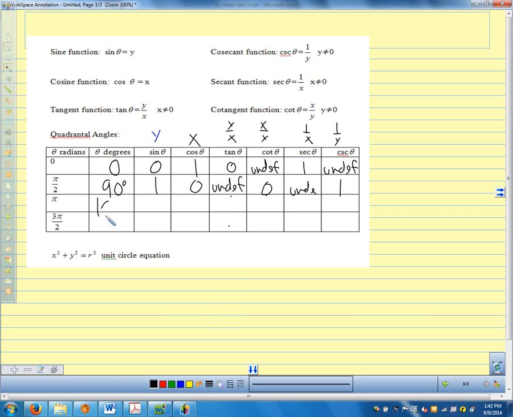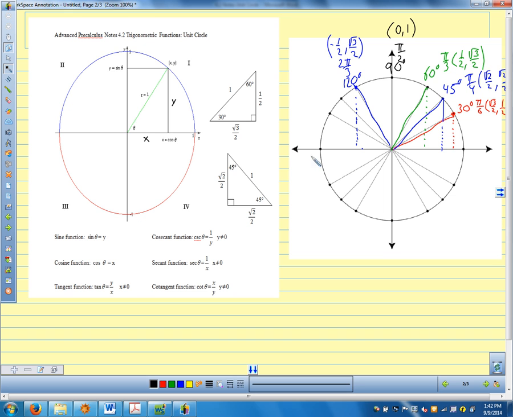Pi, 180 degrees. What's the y coordinate at 180 degrees? 0. The x coordinate, -1. I'm over here at pi, so you could fill that in on your radian snowman. That's 180 degrees. That's pi.